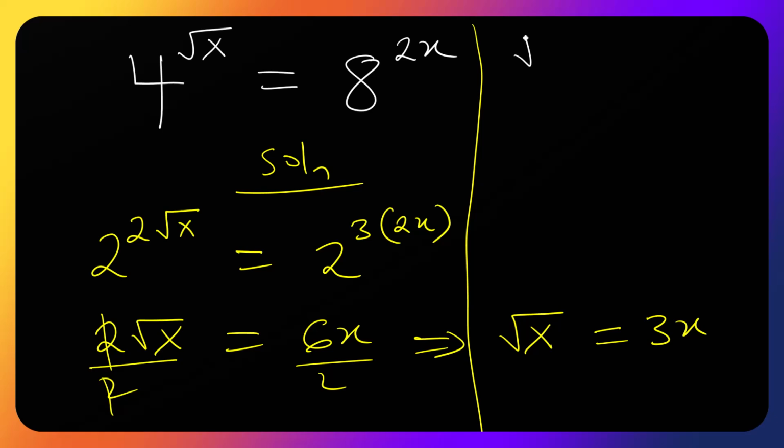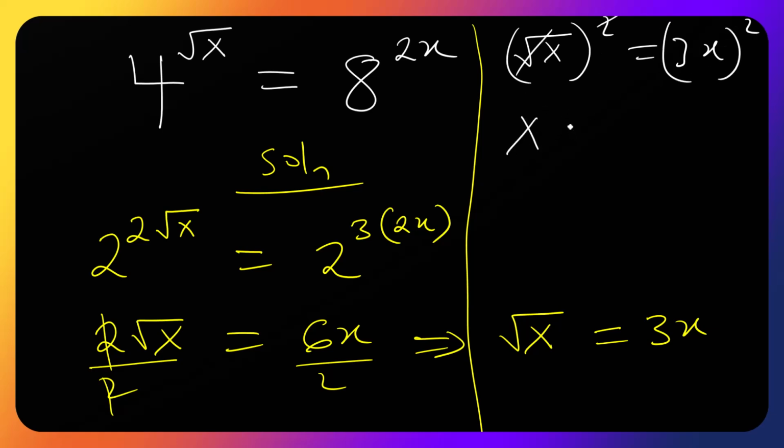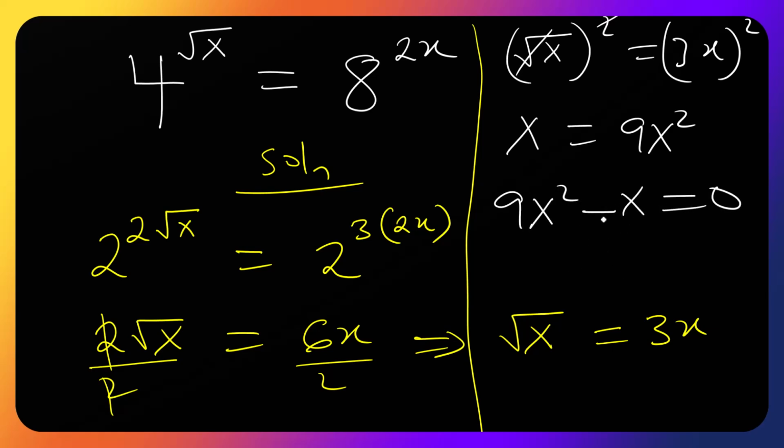So I have square root of x squared, and we have 3x all squared. So this side will cancel, leaving x, and this side will be 9x squared. So let's send the x in. That will be 9x squared minus x equals 0. So from here, we can take x out. So we have x out and have 9x. Remember, this one is double.